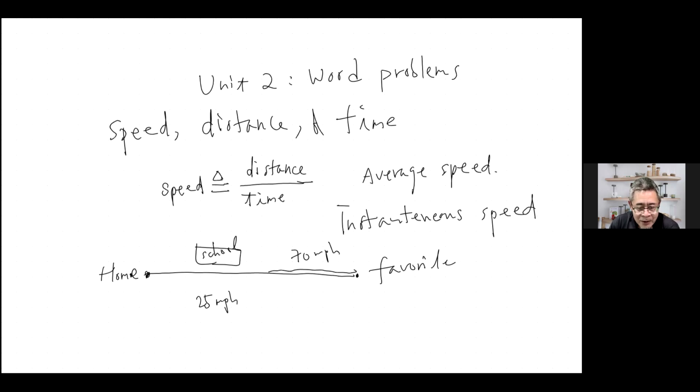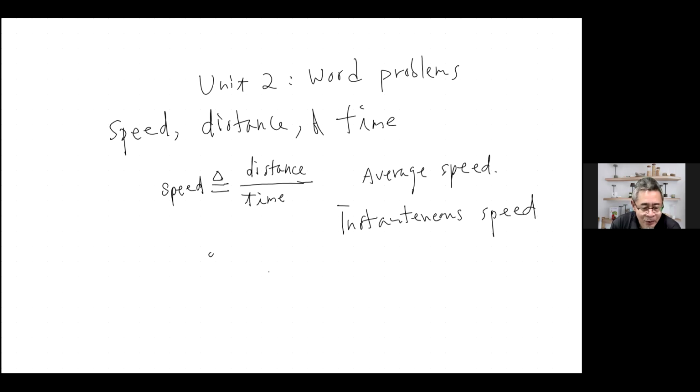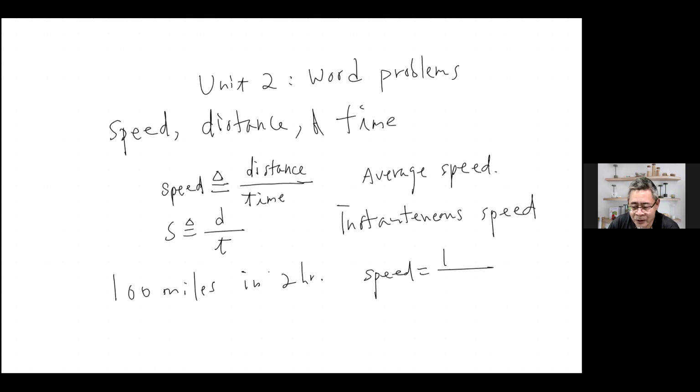So now, given the definition that speed is distance over time, normally we write S equals D over T, just to save time. If we know the distance, for example, if we drive 100 miles in 2 hours, then our speed is simply 100 divided by 2, which gives us 50 miles per hour.